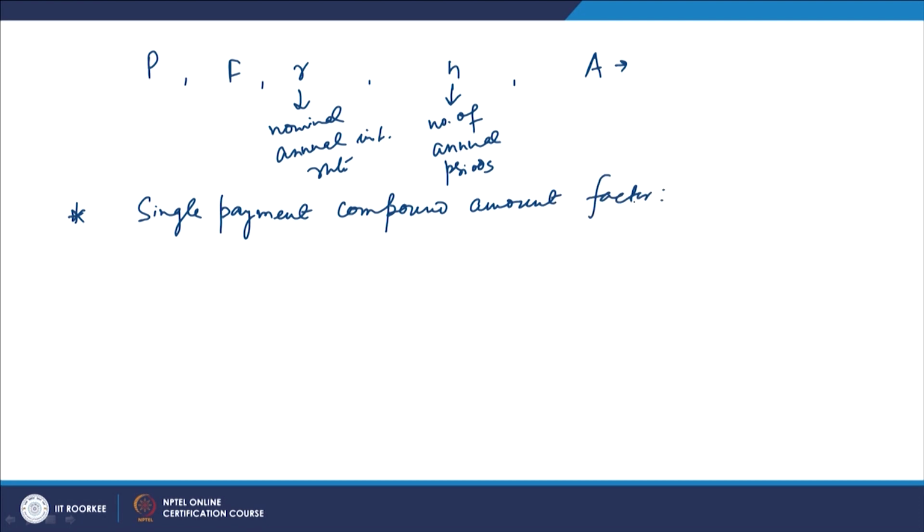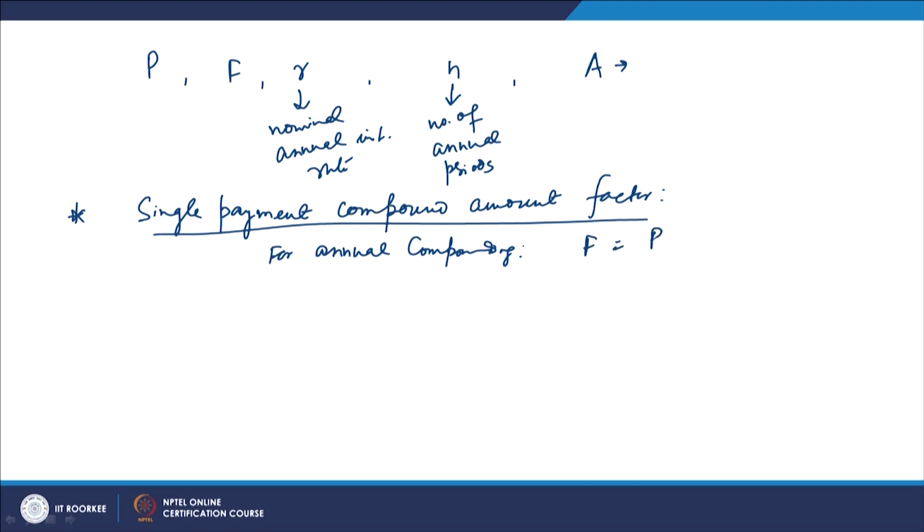Now, this we are discussing for the case of continuous compounding. In the case of annual compounding, we are telling that F equal to P into (1 plus r) raised to the power n. So, that is the formula which will be applied, and the factor will be (1 plus r) raised to the power n if there is annual compounding.